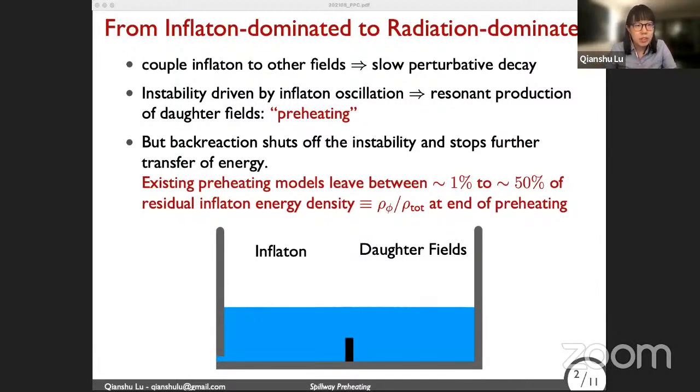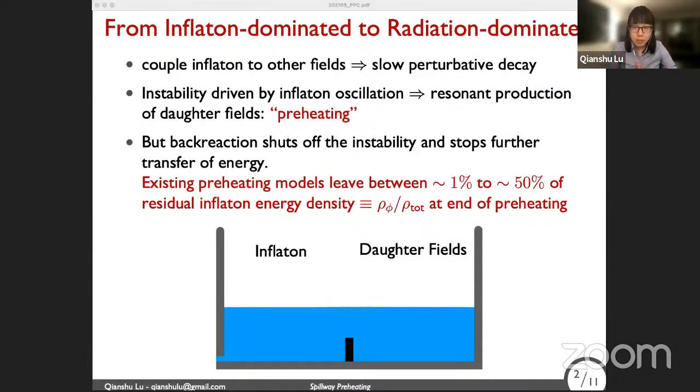So existing preheating models in the literature leave anywhere between 1% to 50% of residual inflaton energy density. By residual inflaton energy density, I simply mean the ratio of the inflaton energy density to the system's total energy density at the end of preheating. What this means is that ultimately, we still have to rely on the slow perturbative decay of the inflaton in order to get rid of a significant portion of the inflaton energy density after inflation.